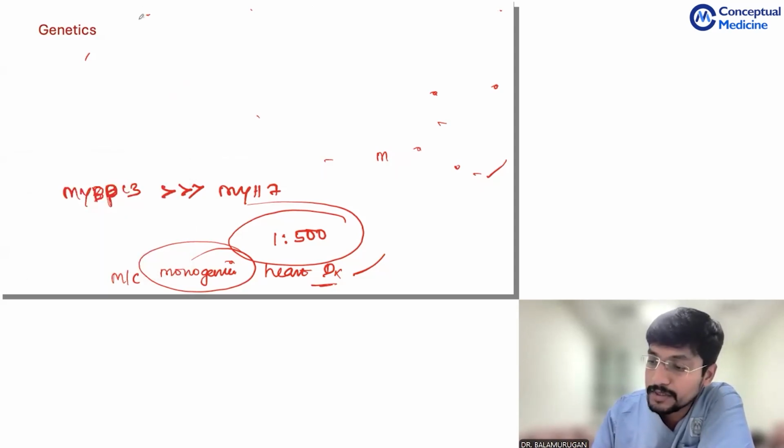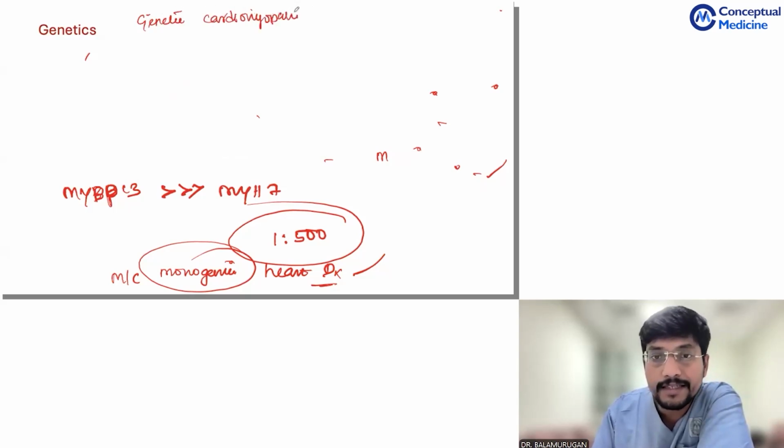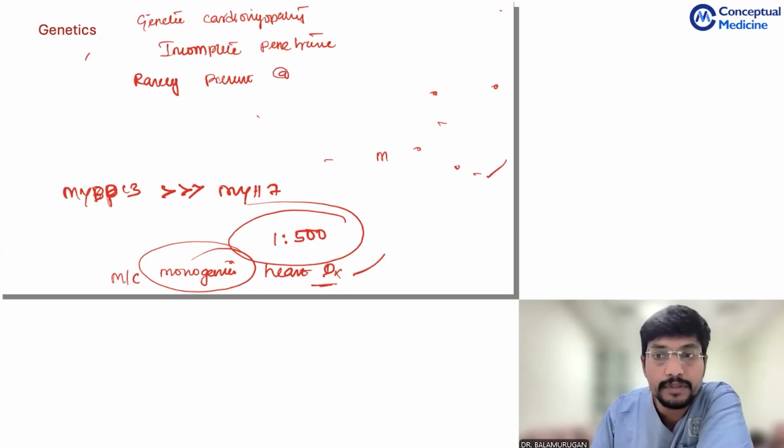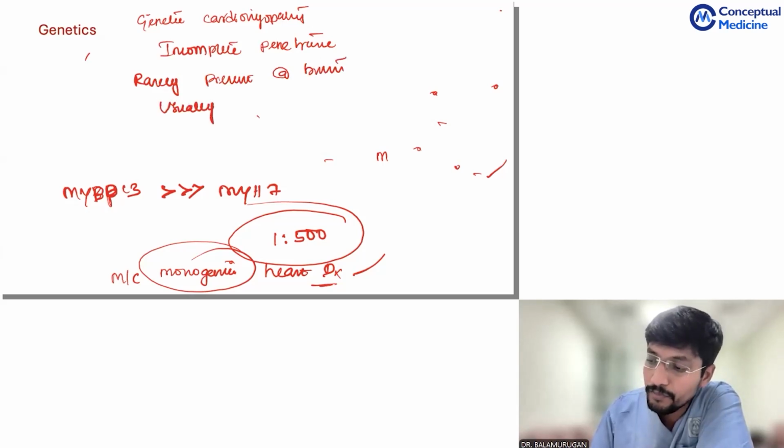Though this is a genetic cardiomyopathy, it has incomplete penetrance and variable expressivity, and very rarely it presents at birth. It usually develops in later life.